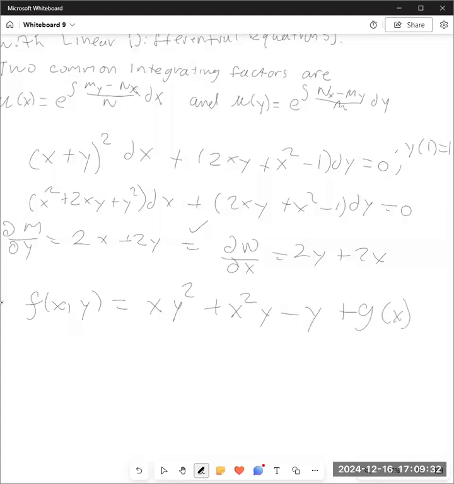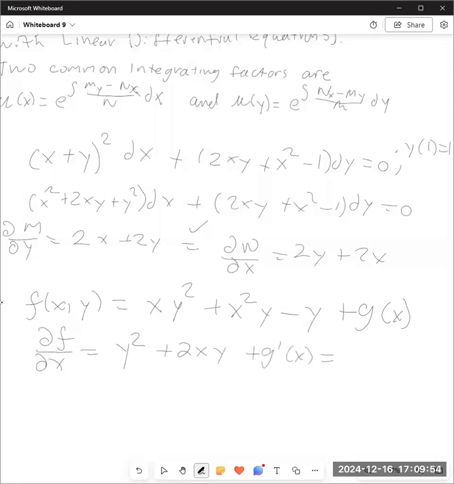So df dx, which is going to be my M, is going to be y squared plus 2xy plus g prime of x.